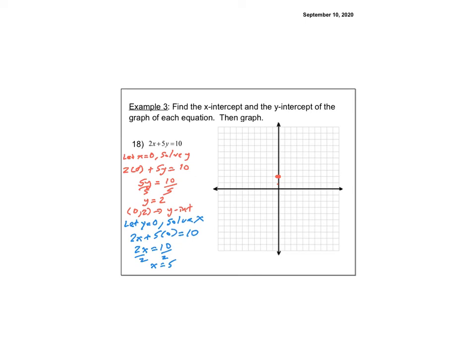So since y is 0 and x is 5, our ordered pair there is (5, 0). So that's our x-intercept. So 1, 2, 3, 4, 5. There's our (5, 0). I can connect our ordered pairs there. And there we have it. Make sure you're connecting those.